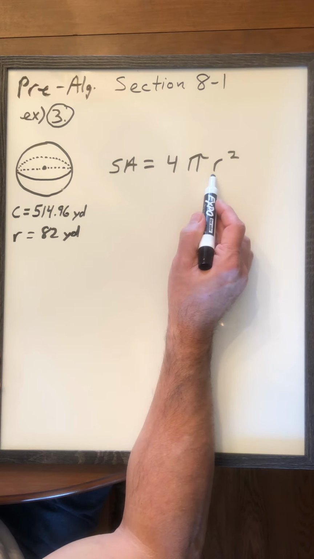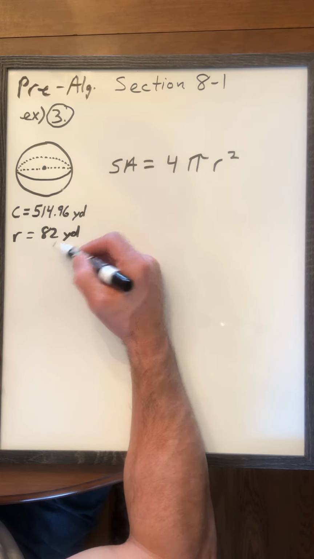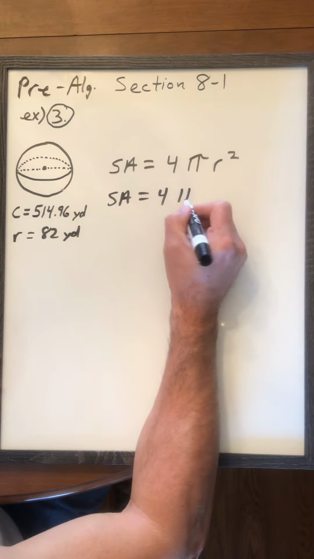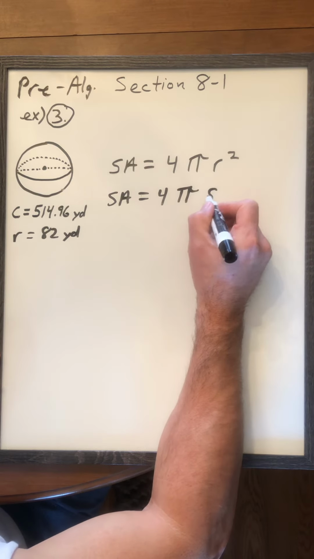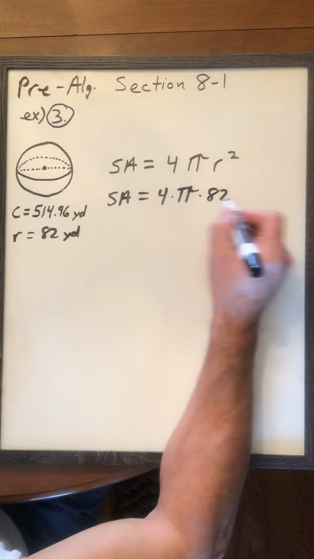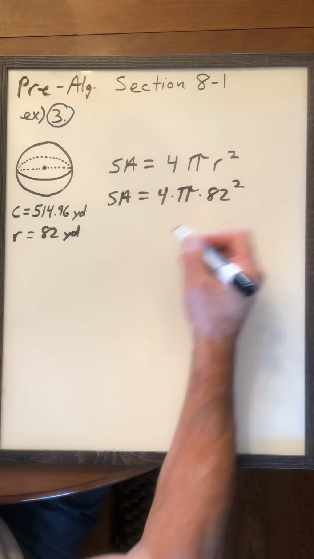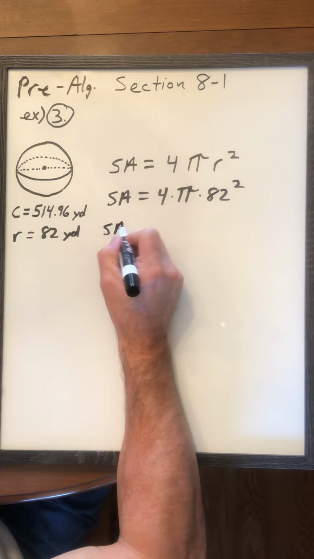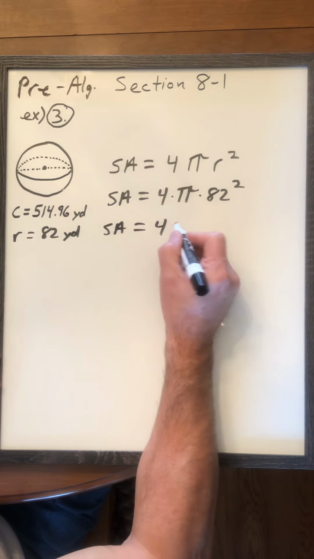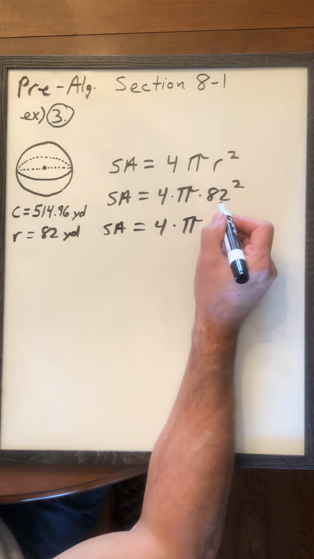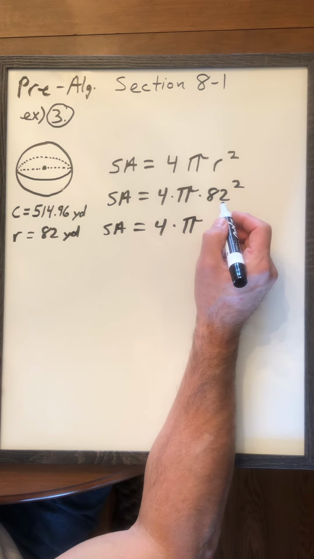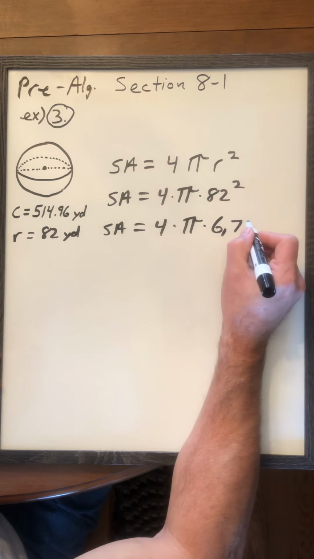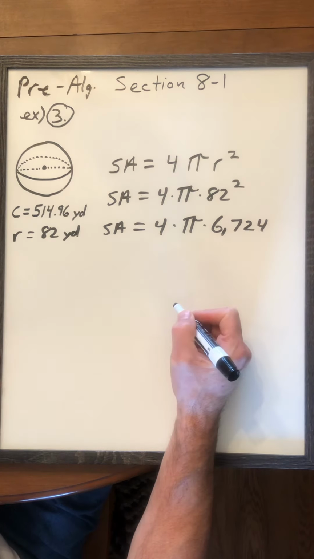Now I need to plug in the radius, and I found the radius earlier, so I'll go ahead and plug that in. 4 pi, and then the radius was 82, and this is all multiplication. They're all multiplied together, and that'd be 82 squared. And I keep working down the page. 4 times pi, 82 times 82 is going to be 6,724.